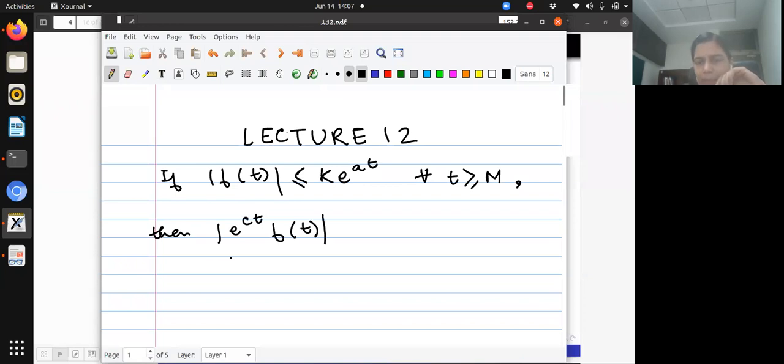We are computing the Laplace transform of exactly this function. So this is going to be of exponential order a plus c, correct?